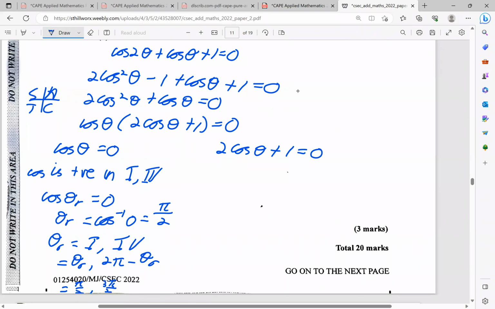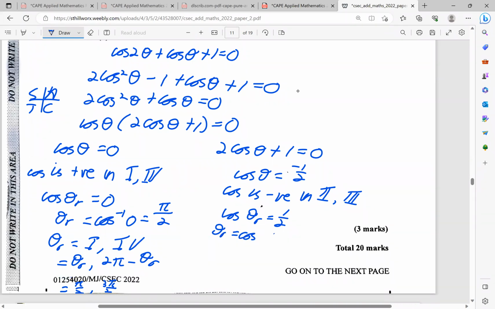Then the next one, cos theta is minus a half. So cos is negative in the second and the third quadrant. Cos of theta r is a half. Theta r is the acute angle, so you make it positive. So theta r is cos inverse of a half, which is pi over 3.